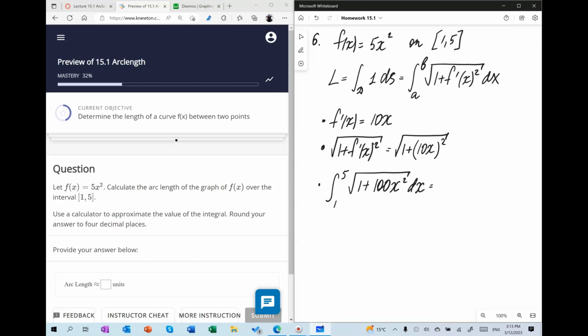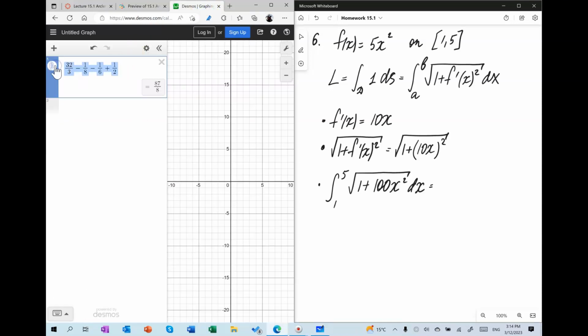And to find it by hand, we may actually have to do some trig substitution, but we are once again not asked to do this one by hand. We can just use technology. So I'm going to use Desmos and integrate this function from 1 to 5. And that's the answer.